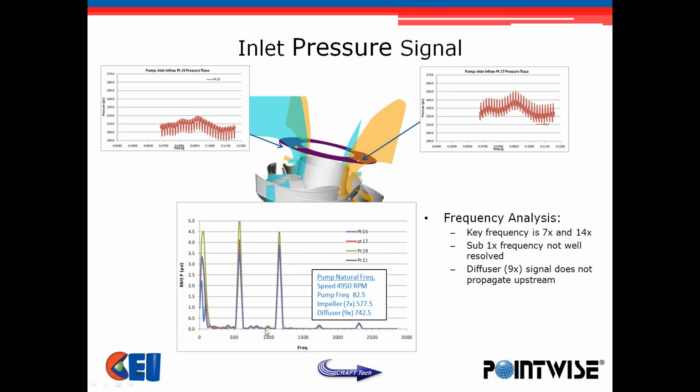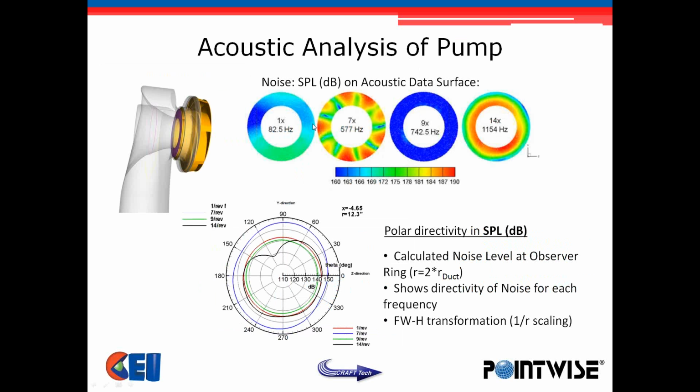What you don't see is the diffuser, having 9 blades, would be at 9 times that frequency, and you don't see that showing up in the pressure signal upstream of the impeller. And I'm going to point that out later.